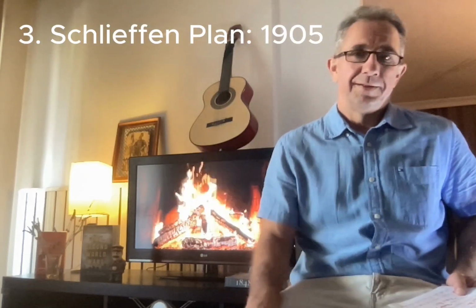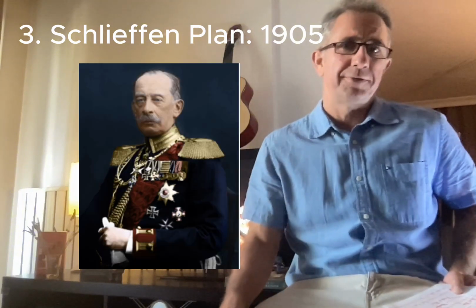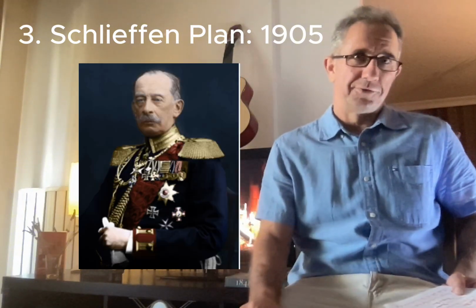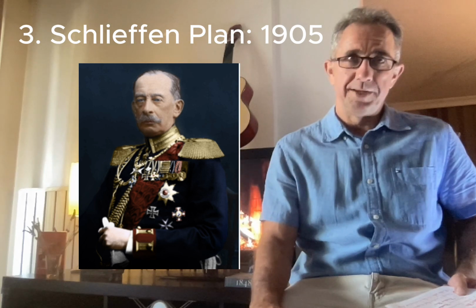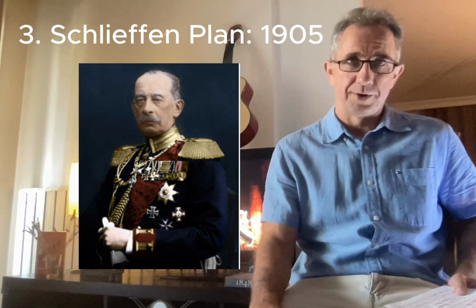Number 3, the Schlieffen Plan. The chief of the German Imperial Staff from 1897 to 1905 tasked with creating a plan that will keep Germany from being destroyed in a two-front war by its powerful neighbors.